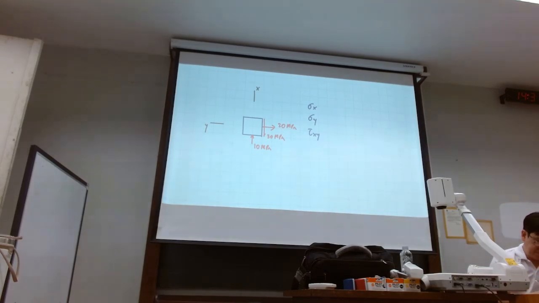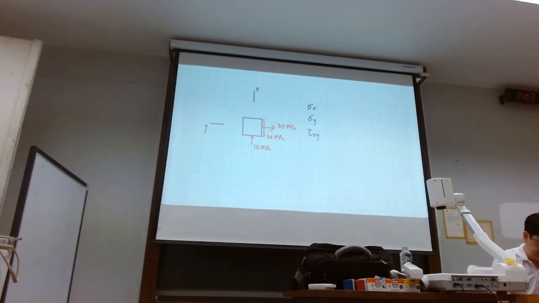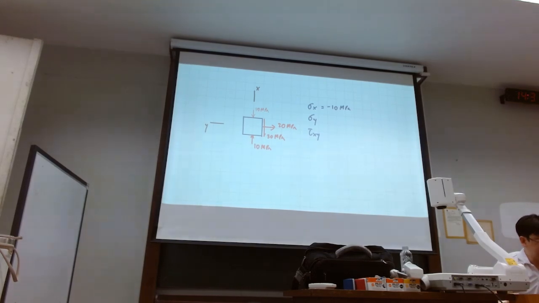So at this point, we can keep looking at this. You have 10 coming up from the bottom. So on the top, this would have to be 10 MPa going down. So from that, it means that on the positive x area, you have 10 going into the surface, so sigma x would be negative 10. That's going to be the first thing you have to acknowledge.